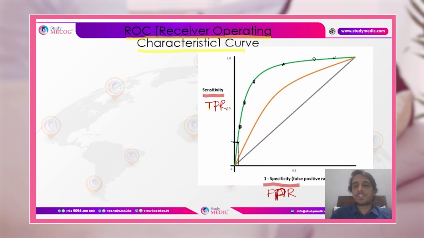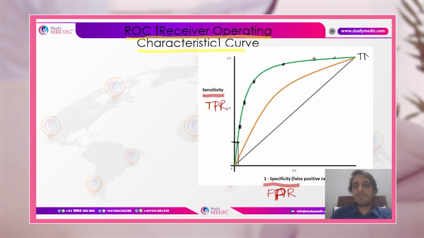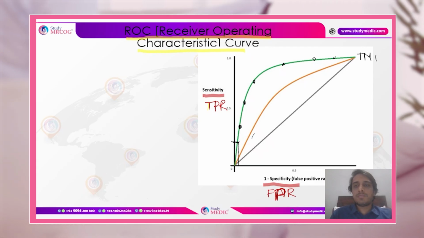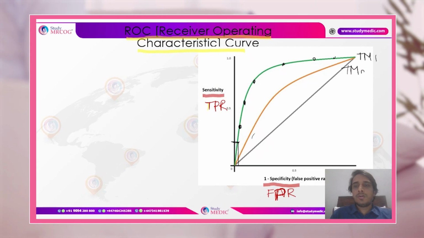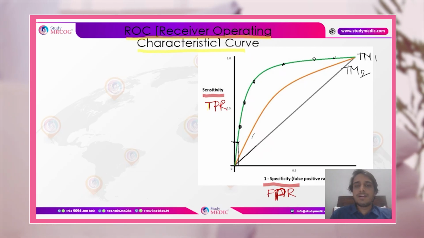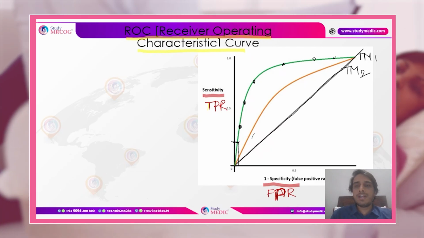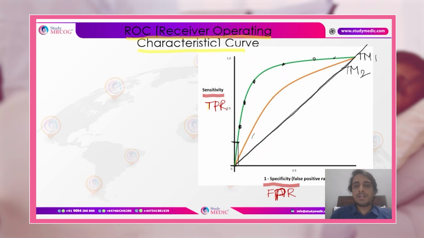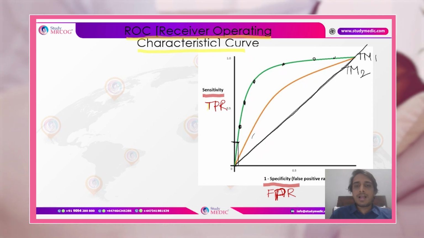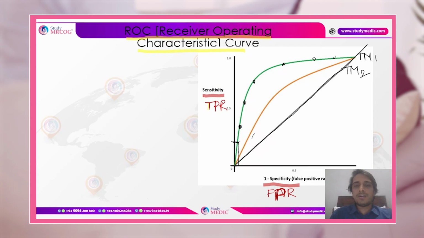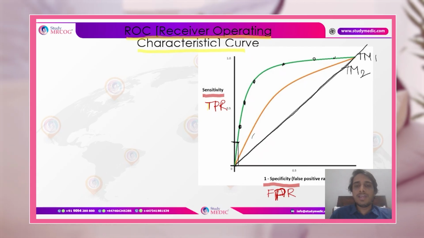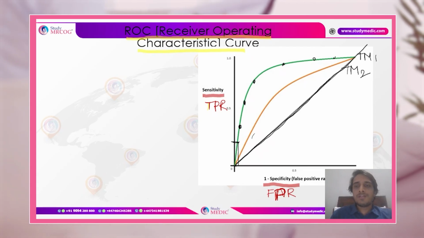So let us say it is tumor marker 1, and another tumor marker 2. Now when we compare, there is an indeterminate line which tells us it is 50-50. The area under the curve gives the diagnostic accuracy. If the area under the curve is 50%, then the test is indeterminate.